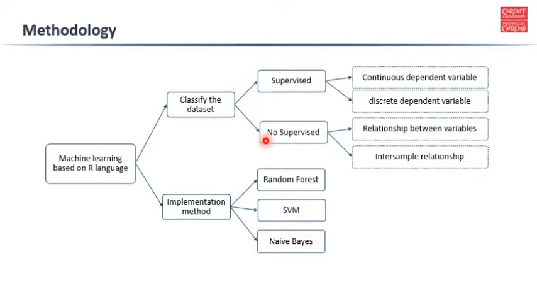When the dependent variable is missing from the data, that is unsupervised, the relationship between variables can be examined by principal component analysis, and the relationship between samples can be explored by using the cluster approach.